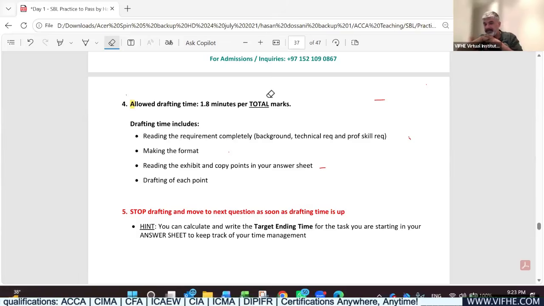Do you understand that? At least complete that one particular point. Don't leave it in the middle. At least complete that point and then you move on. And in the end, if you have some time left, you can come back and complete it, but not during the paper.